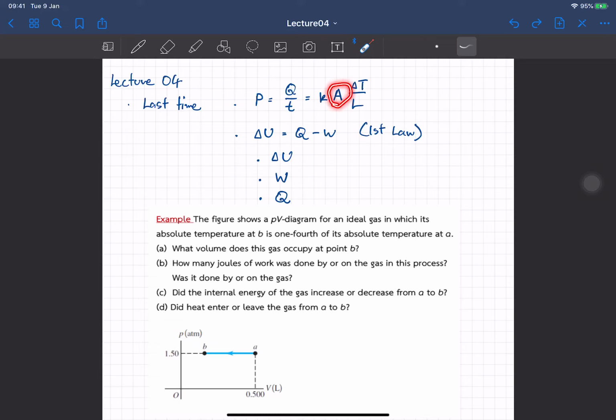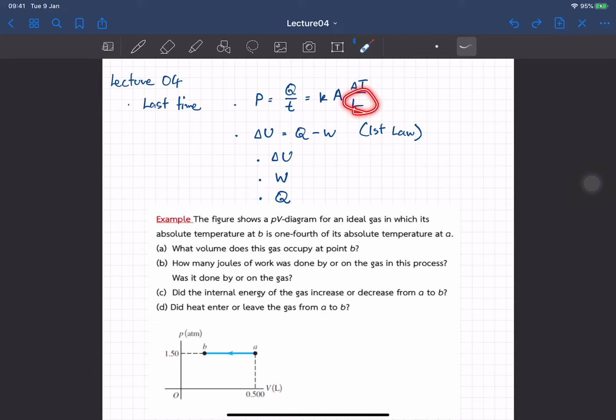And then it depends on the area. The larger the area, the better the heat flow. And it depends on the difference in the temperature between one side and the other side. If you're confused, you can think about when you are in the room, turning on the air conditioner. It's especially nowadays extremely hot, right? Every day. If the outside temperature is really high, then in the room it's gonna be a little bit warmer than usual because heat flow is gonna be higher because delta T is higher.